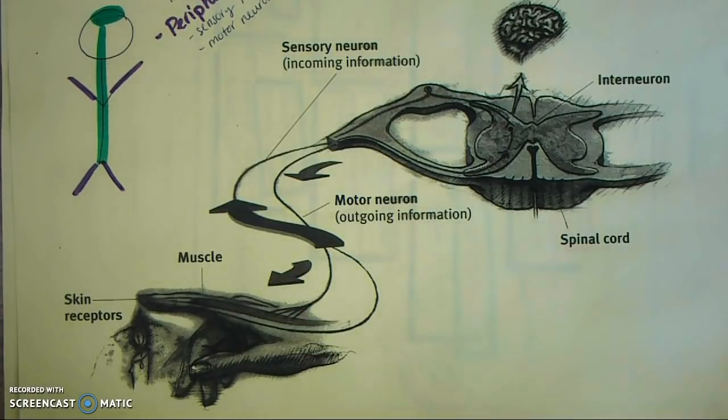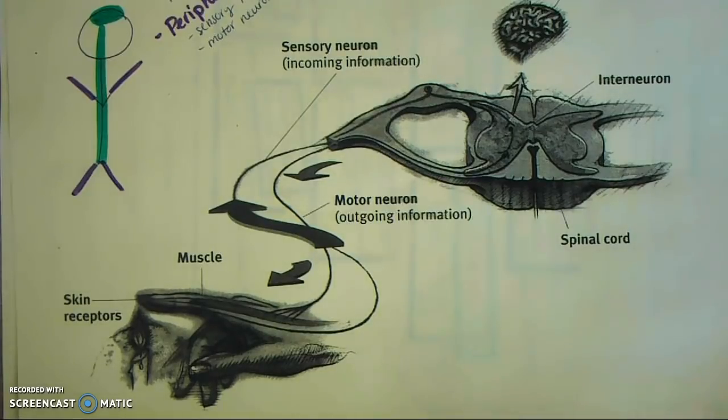But here's the thing. I moved my hand back off the pot before I actually felt pain. And just so we're clear, pain is a signal that actually comes from the brain. That's where all of your feeling comes from. So how is it possible that I moved my hand back before I felt the pain?